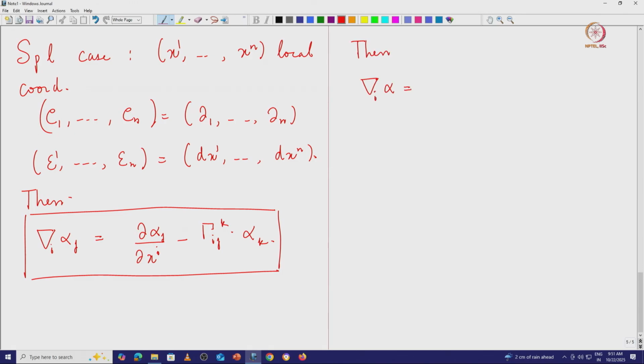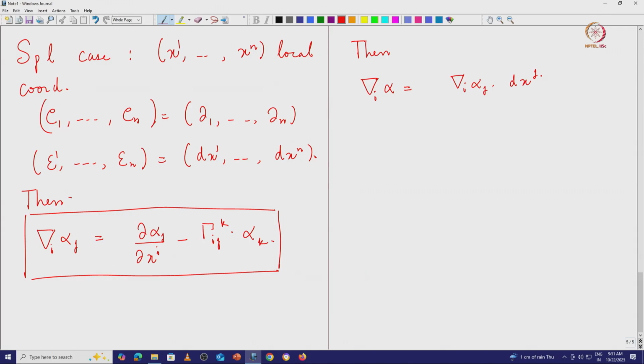Okay, so then this is simply this. So that gives you a local formula to calculate what the covariant derivative will look like.